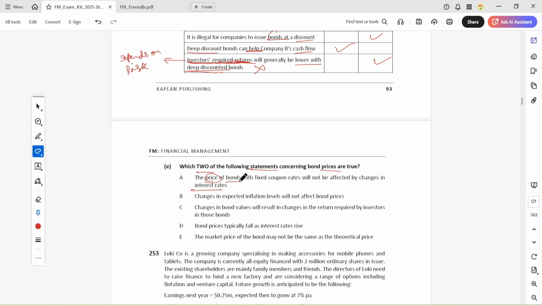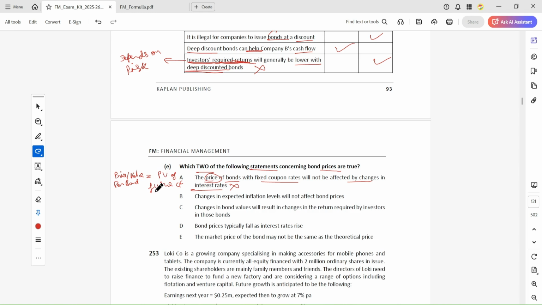The value of a fixed coupon bond will not be affected by the change in interest rate. No, because the value per bond is the present value of future cash flow.